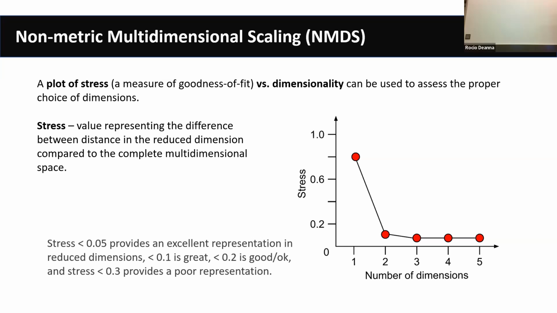And usually a stress that is less than 0.05 is an excellent representation in the reduced dimension. Or if it's less than 0.1 it is great, less than 0.2 is good, okay. And if it's between 0.2 and 0.3, it's not a very good representation.